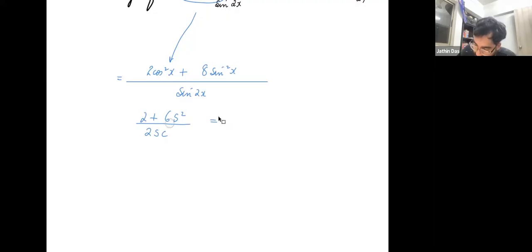When you divide, you get 1 by sin cos plus 3 sin by cos.